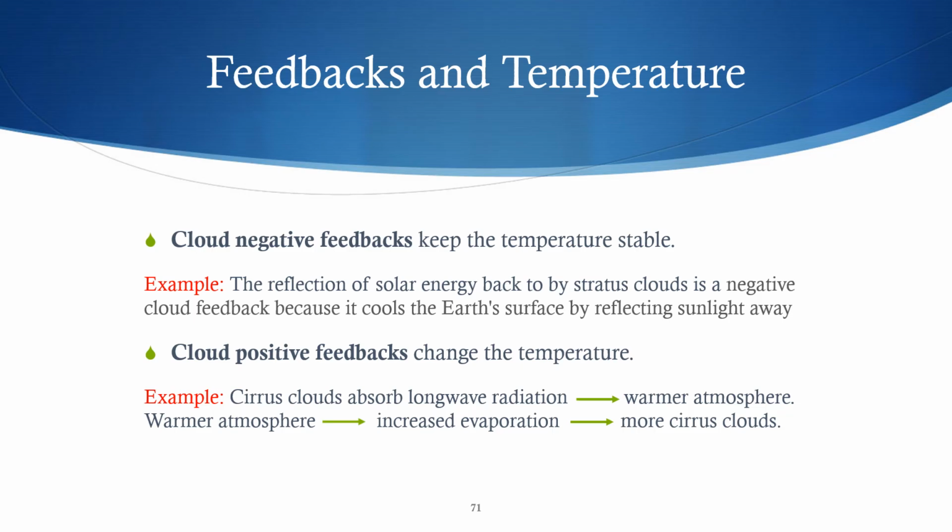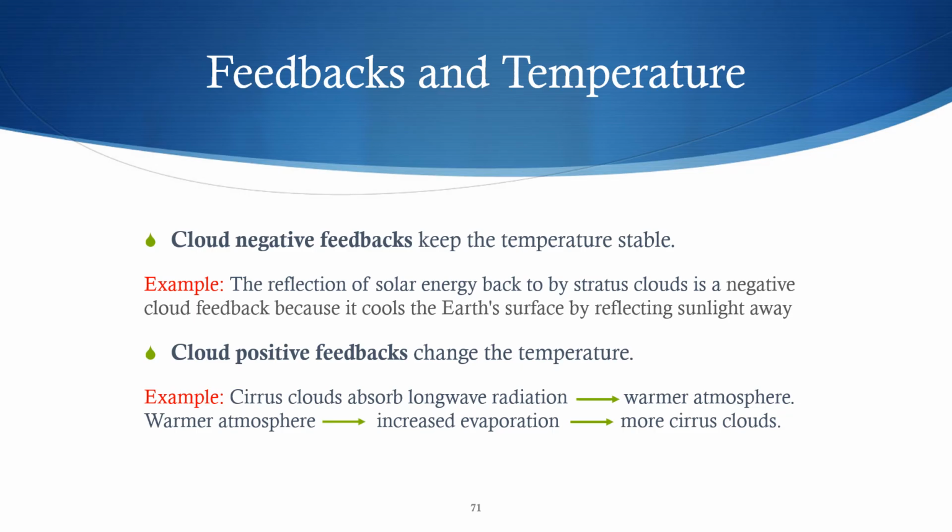Cloud positive feedbacks will change the temperature. Example here, we have cirrus clouds. Those are those high, thin, wispy clouds way up high in the atmosphere. Cirrus clouds really like to absorb that long wave radiation that the Earth is sending back out to space. When it absorbs the long wave radiation and it tries to re-emit it, it is warming the atmosphere.